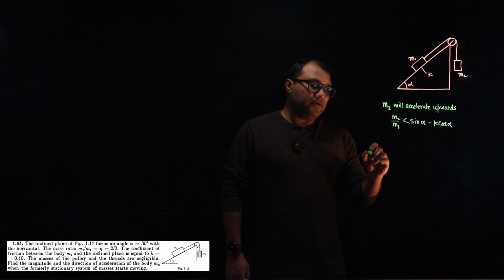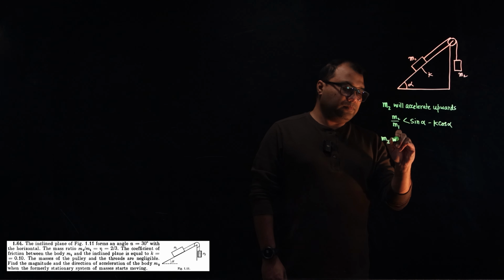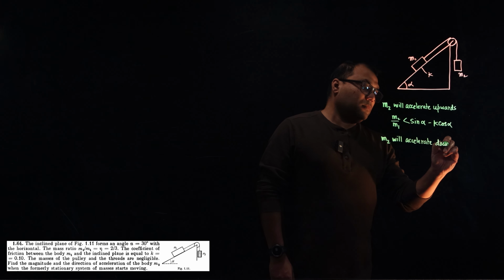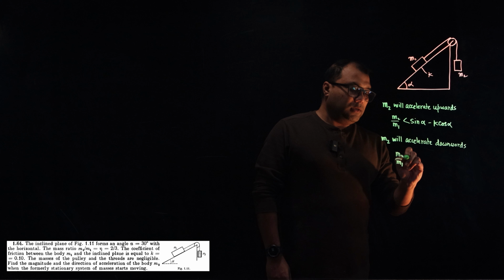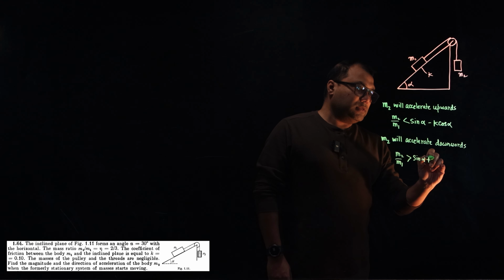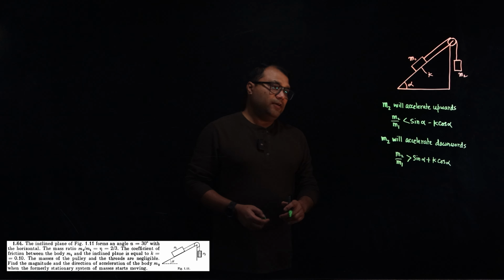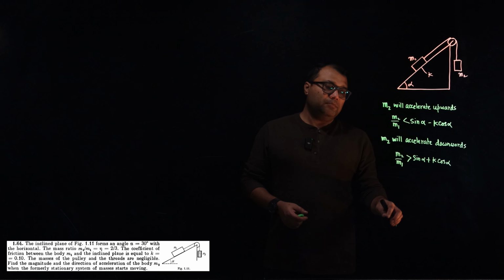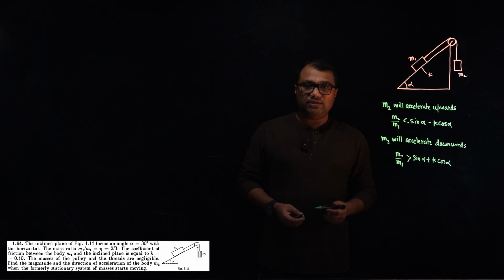And the other result that we got was m2 will accelerate downwards if m2 by m1 is greater than sine alpha plus k cos alpha. If the value of m2 by m1 is between these two values, then the system will be stationary.